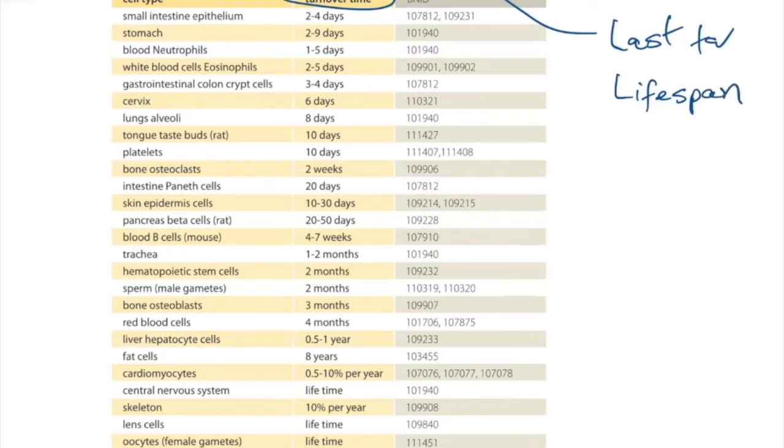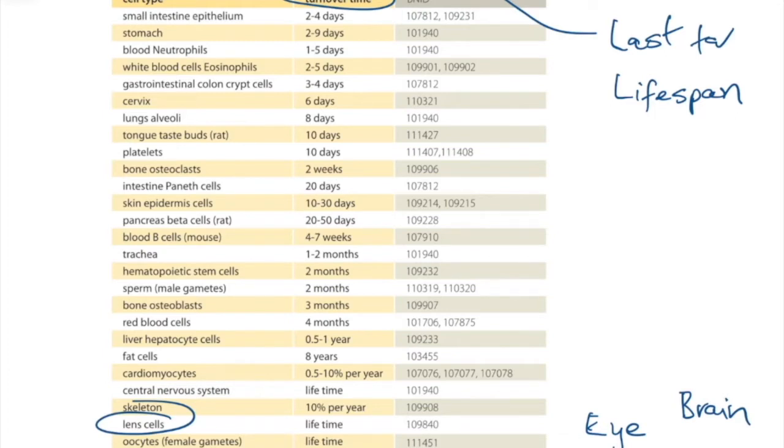So the implications are, well, we have cells which last for an entire lifetime. The lens cells in the eye. We also have cells in the brain which are going to last for the entire lifespan. And that's okay. They were made once and then they'll just stay there.